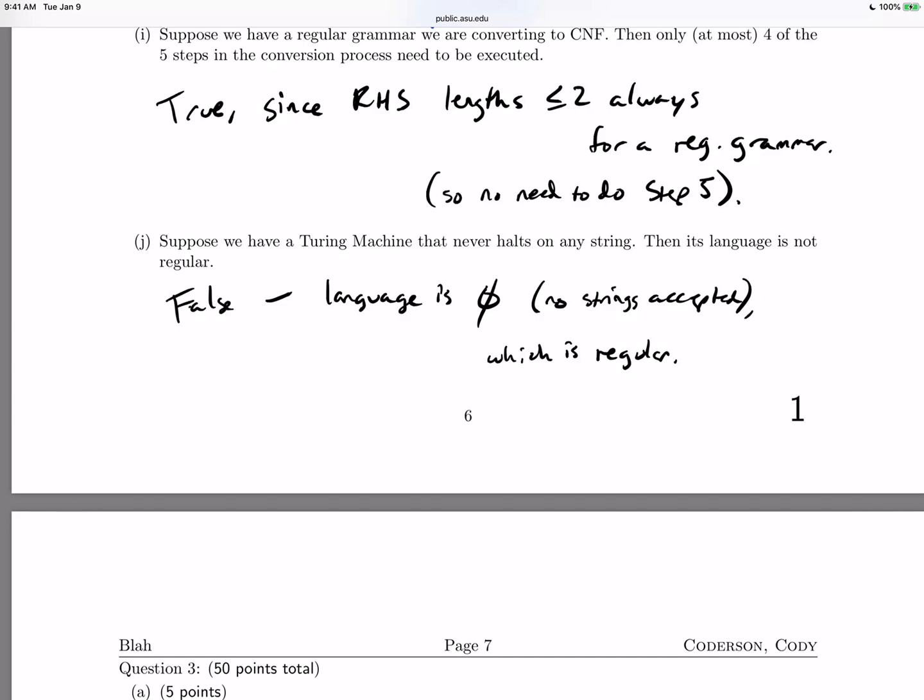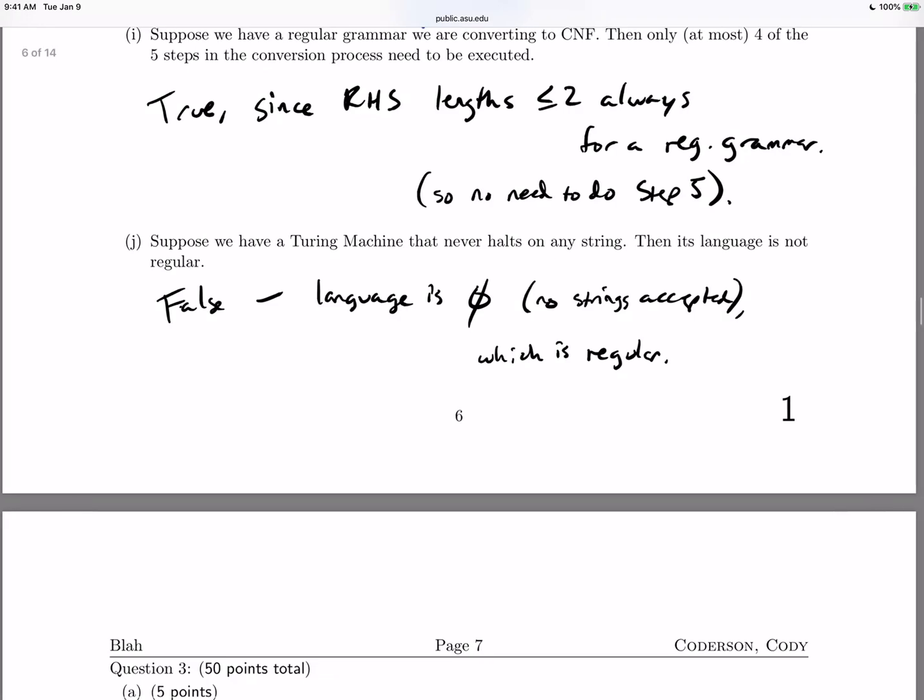The empty set. What is the empty set? It's regular. So I wanted you on this question to think about what is the language of that machine. If it never halts on anything, then it never accepts anything. Therefore, its language is empty, because its language is defined to be the set of strings it accepts. Okay? So that's what I wanted you to see there.